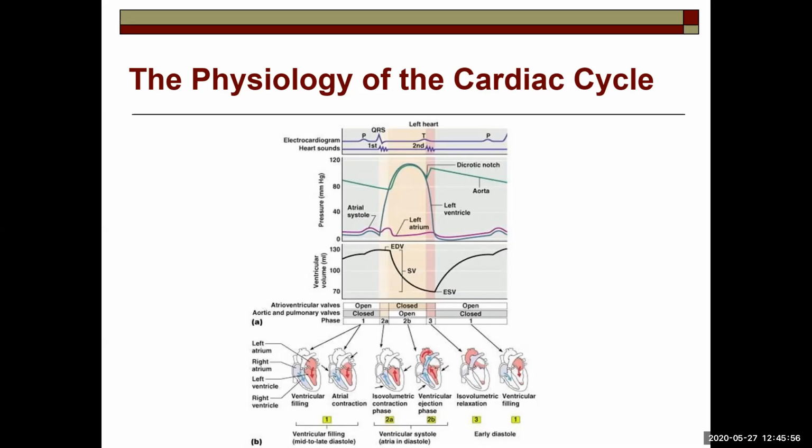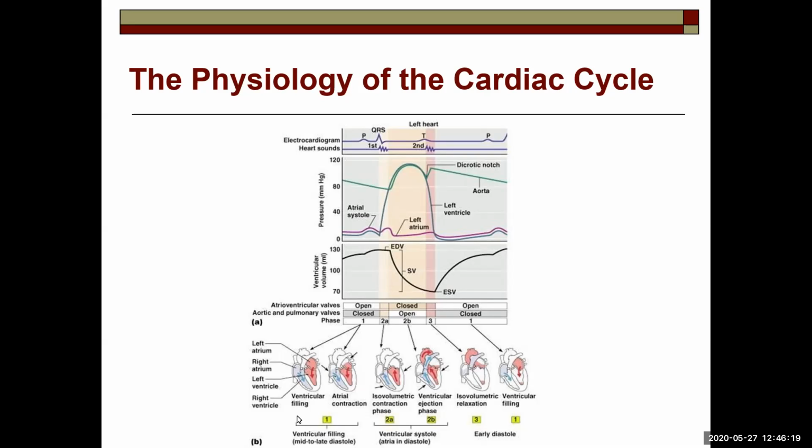If you have heart failure, eventually the end systolic volume is going to be more, because your muscle is not pumping all the blood that you need. It's pumping a lot less, so your stroke volume is down because you're not pumping enough blood out, because of the failure of the left ventricle.